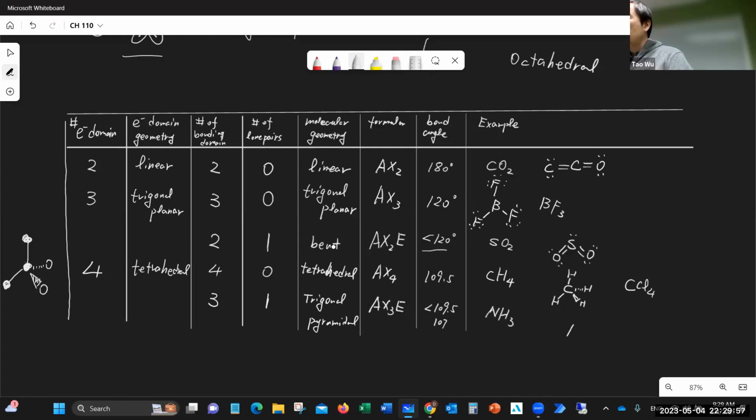This guy has one lone pair on the top and three hydrogens in the bottom. That's ammonia. This geometry is called the trigonal pyramidal.